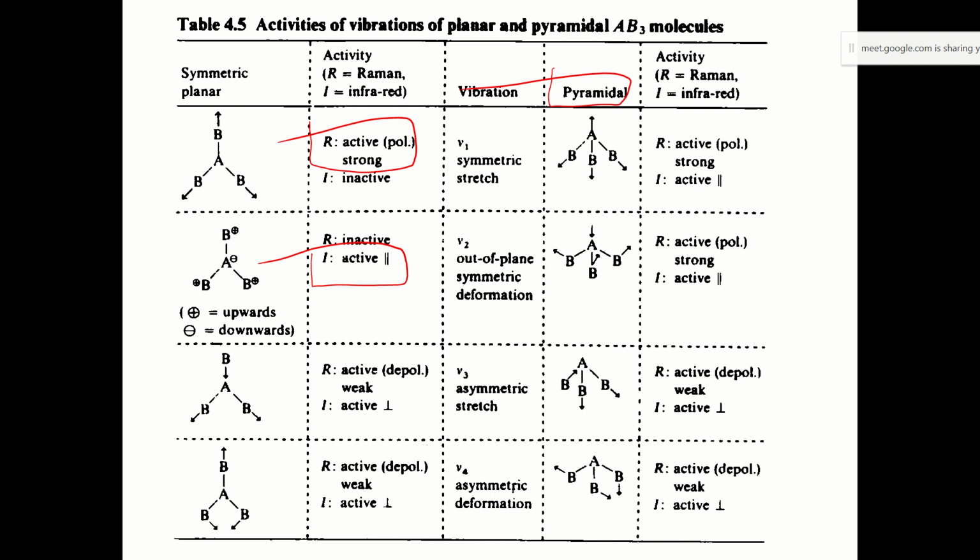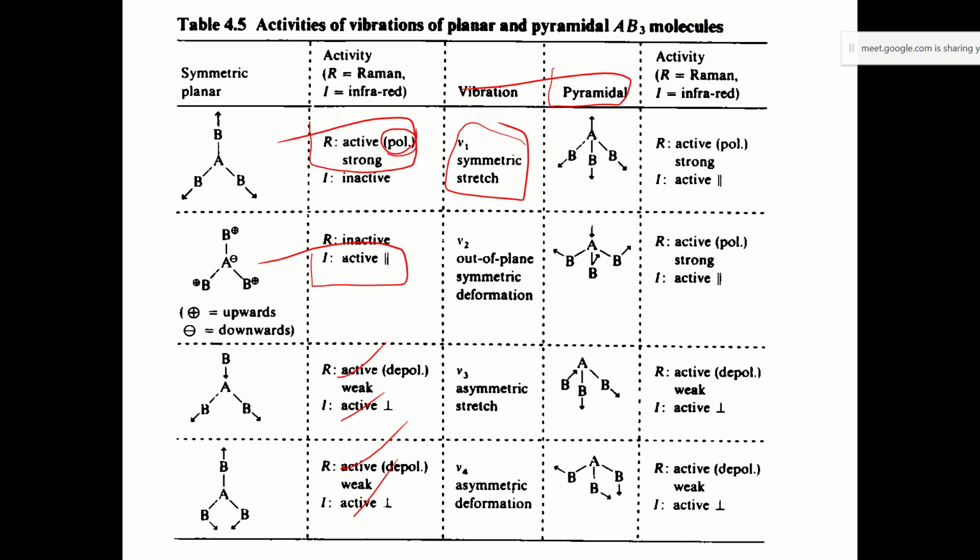And the other two are active in both: Raman active, IR active, Raman active, IR active, like that. So obviously the most symmetric vibration is strongly Raman active, and the more symmetric vibration will also be polarized.